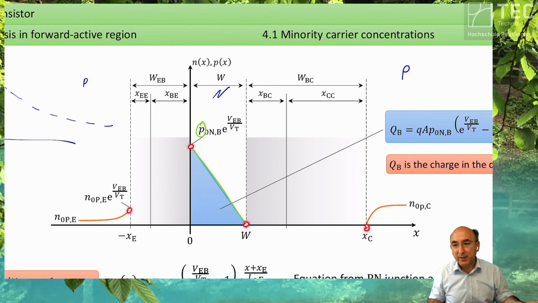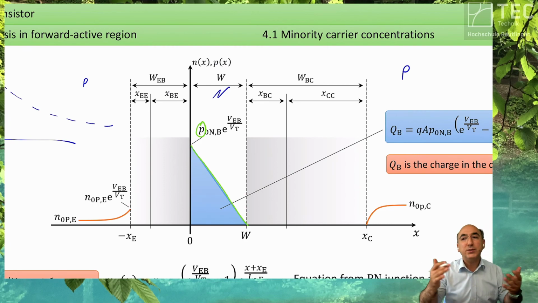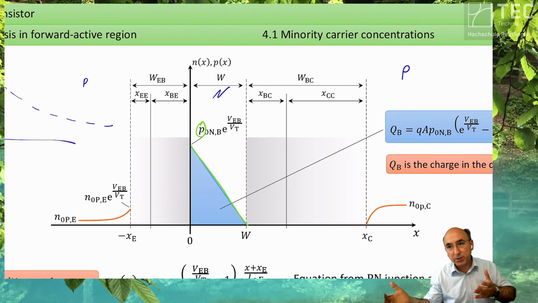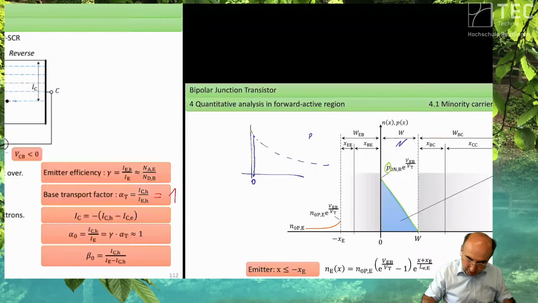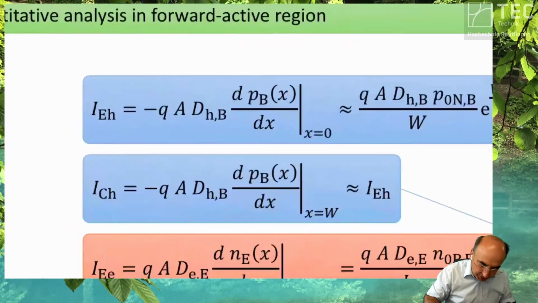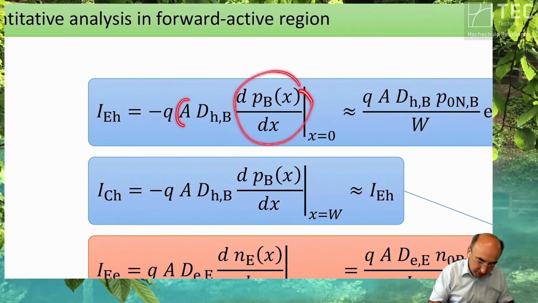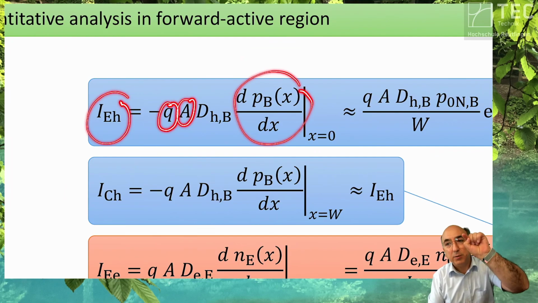It can be then the answer, okay, what is current? The change of concentration. And the change of concentration times area times charge is the current. So the change of concentration times area times charge, elementary charge, is the current at that specific point.